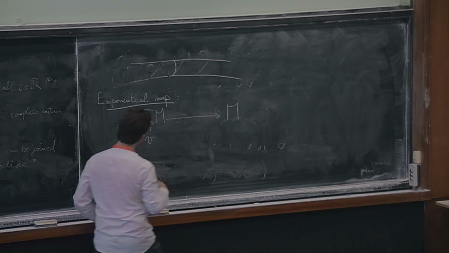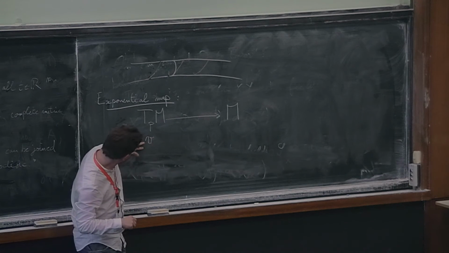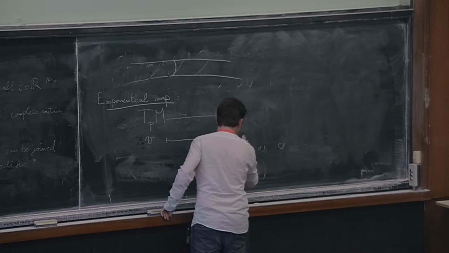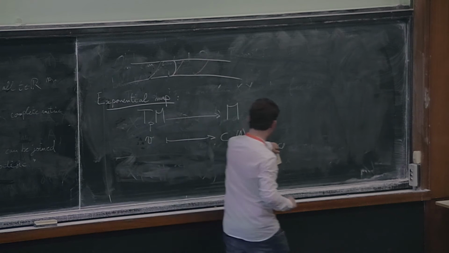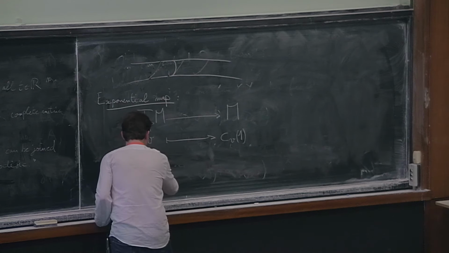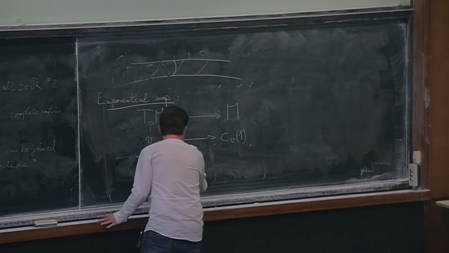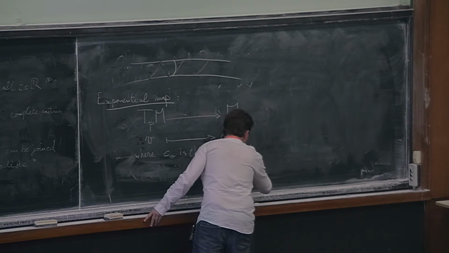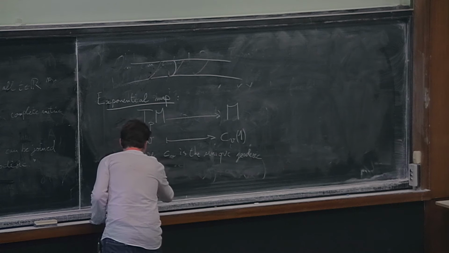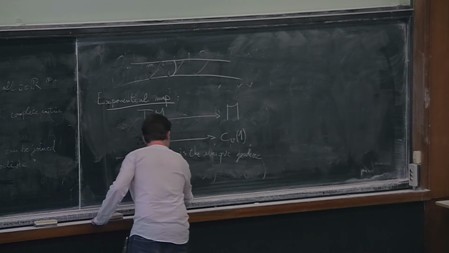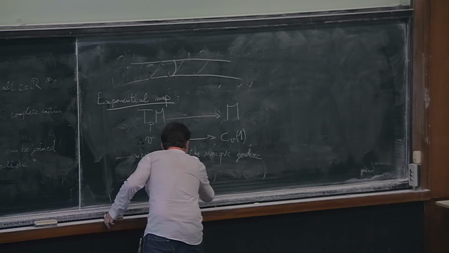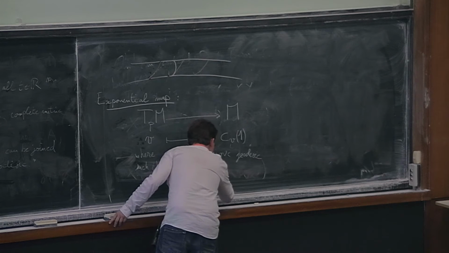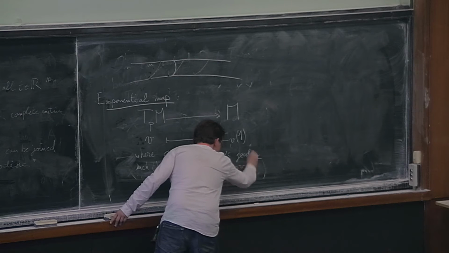So to a vector V in the tangent space, you associate what I will call c_V of 1, where c_V is the unique, by standard ODE argument, geodesic such that c_V of 0 is equal to P, and c_V dot of 0 is equal to V.